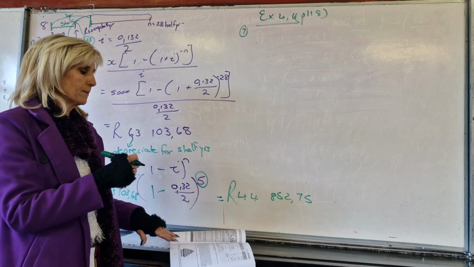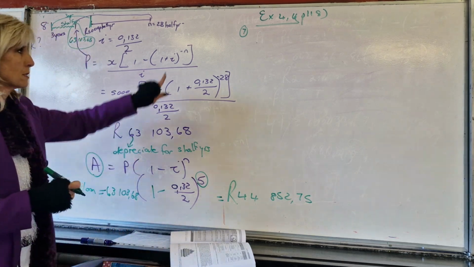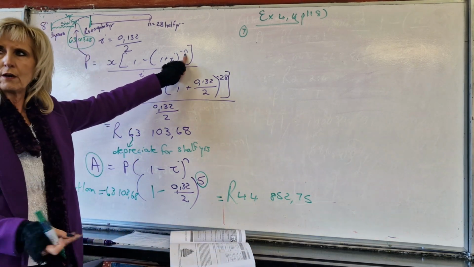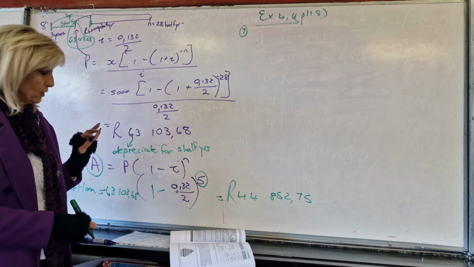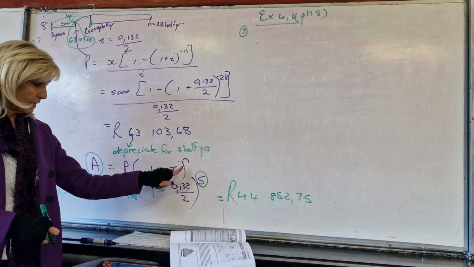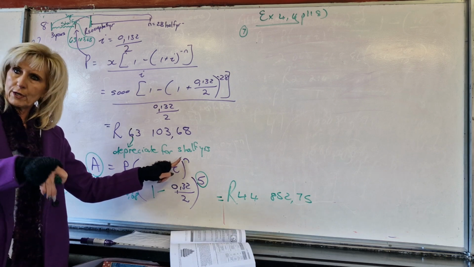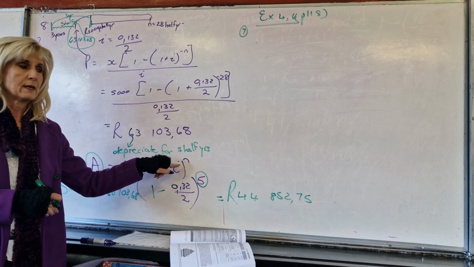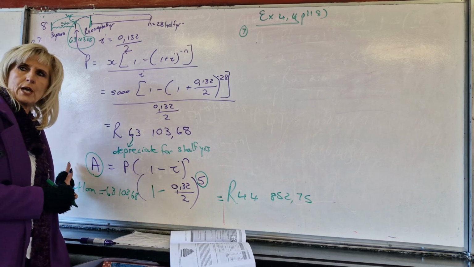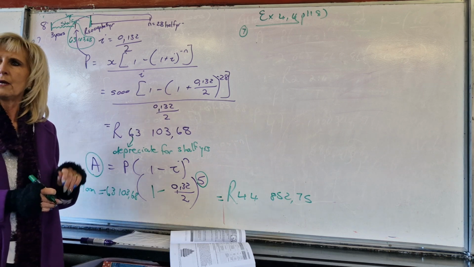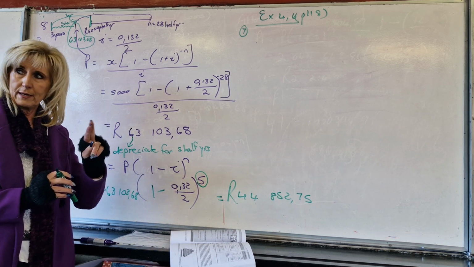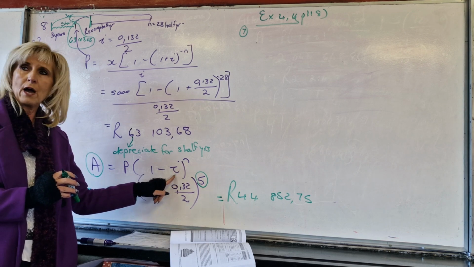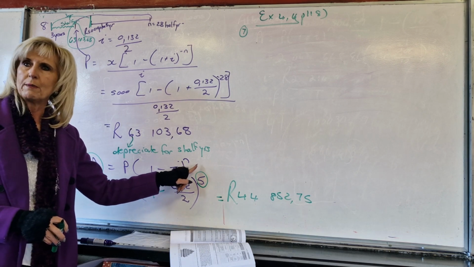So in grade 11, you were never asked for n because you need logs. You didn't have the F and the P formula either, but you had the normal one. Then you could work with n in grade 12, and I can ask you what is the time that it took for the depreciation, or whatever the case may be. Always keeping in mind that the I and the n go hand in hand. So if your I was per month, then your n would be months.